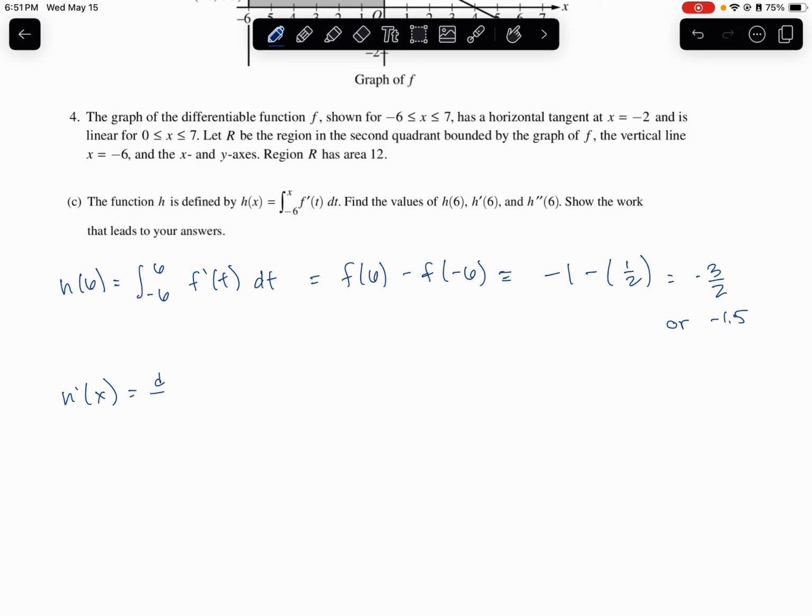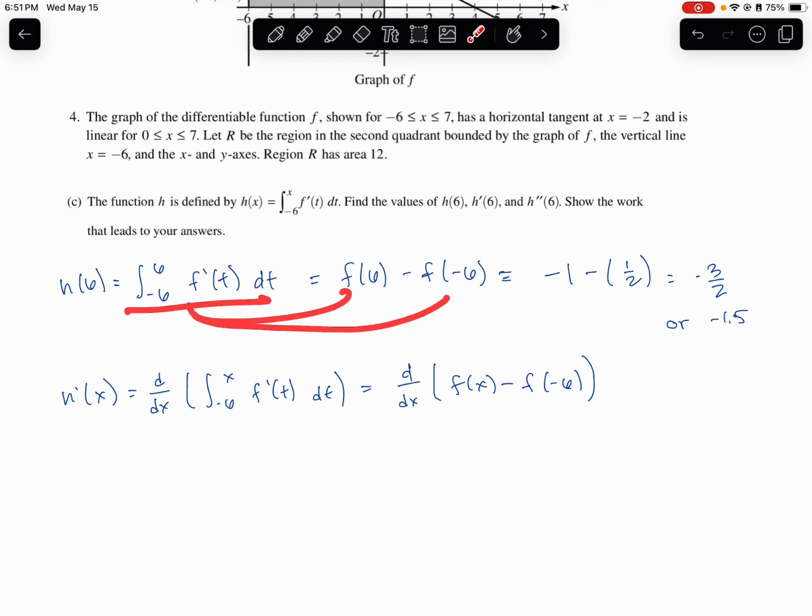So d/dx of the integral from negative 6 to x of f prime of t dt, which would be equal to d/dx of f of x minus f of negative 6. So I'm kind of using the same thing that I did here. Provided that I just leave this as x, this would be equal to that right there.